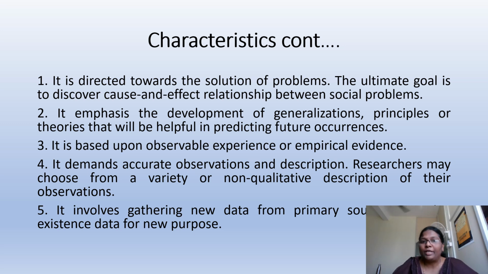If the community health is deteriorating, we need to find out the causes, whether it is due to the water, whether it is due to their ignorance, everything. We need to find out the cause and effect relationship, and we have to give suitable solutions or recommendations based on that.